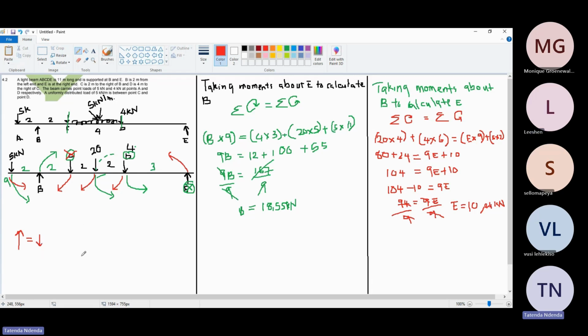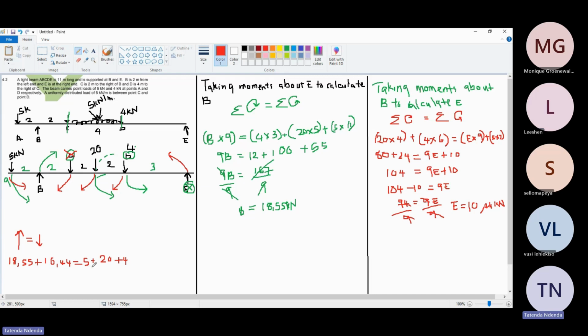Our upward is B plus E, that's 18.55 plus 10.44, which is equivalent to 5 plus 20 plus 4.